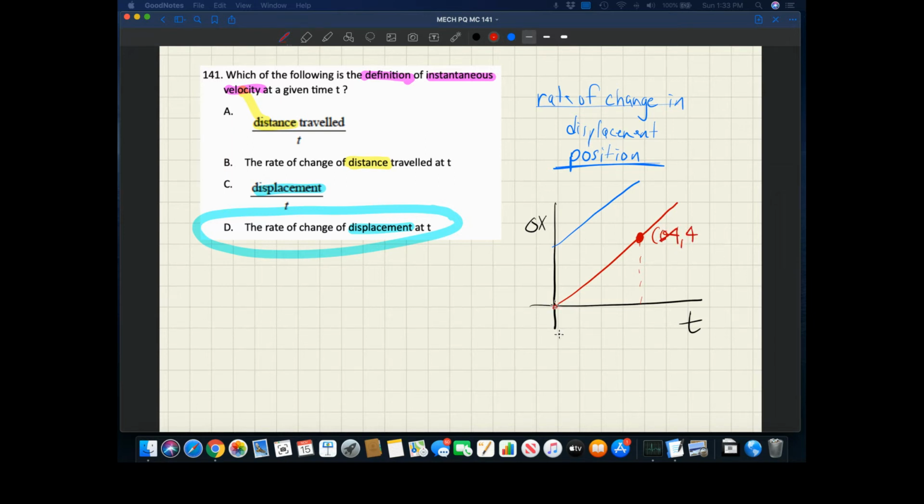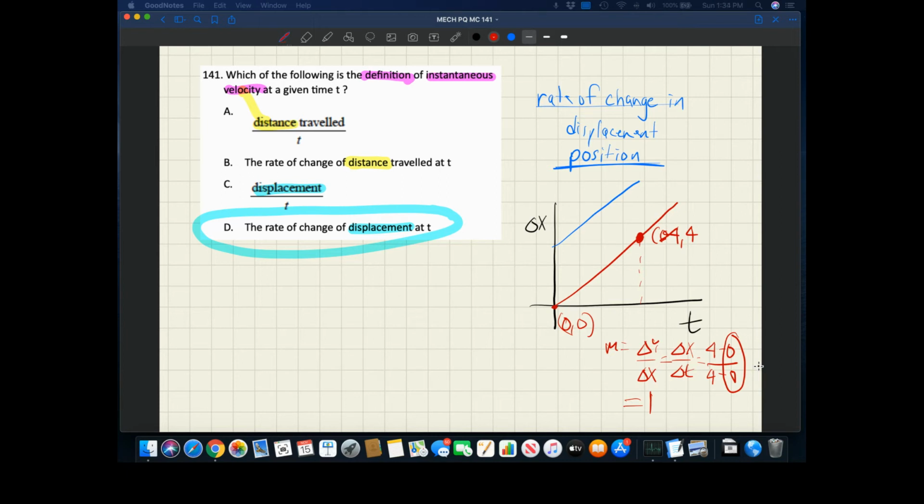And this has the coordinates of 0, 0. And we want to find the rate of change. That's the slope, delta y over delta x, which is delta x over delta t. We have 4 minus 0 over 4 minus 0. So we end up with a slope of 1, a velocity of 1, and that's because these are zeros.